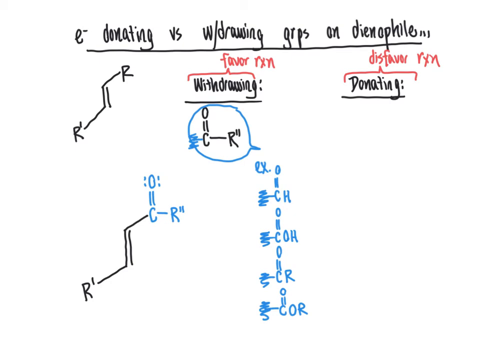Resonance is more important than induction in determining generally the behaviors of groups. And so by resonance, what we could show is a second resonance structure where the electron density is being pulled away from the alkene, coming up to here, and the pi bond from there goes on to the oxygen.